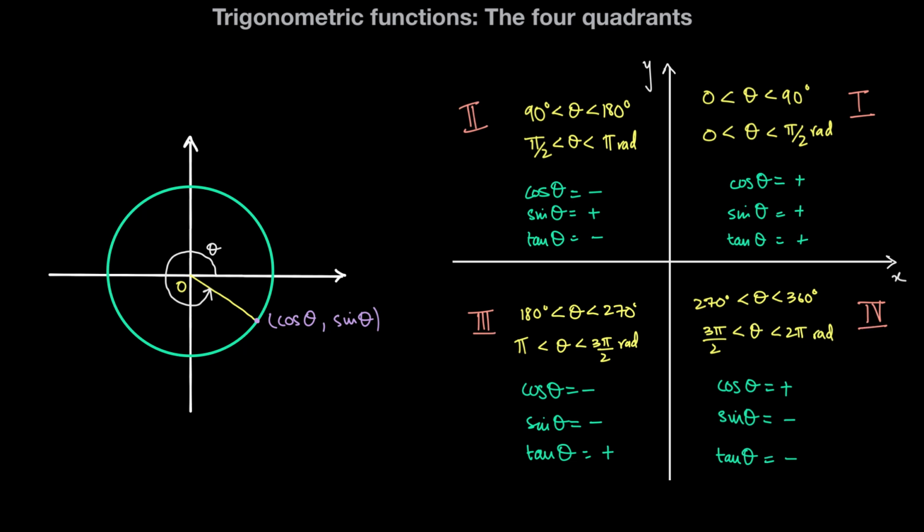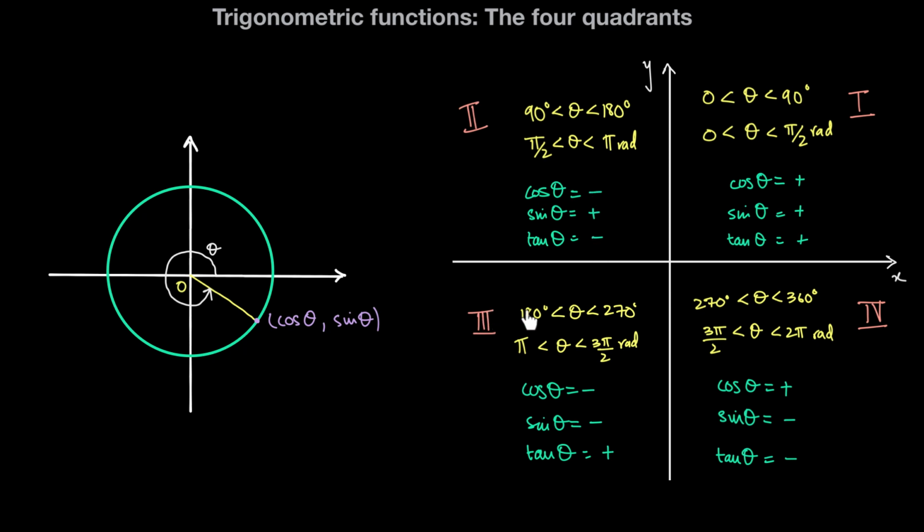So what we can see is that in the first quadrant, when the angle theta is between 0 degrees and 90 degrees, or between 0 and pi over 2 radians, all three of these trigonometric functions take on a positive value. If theta is in the second quadrant, between 90 and 180 degrees, or between pi over 2 and pi radians, only sine of theta is positive, whereas the other two, cosine and tan of theta, are negative.